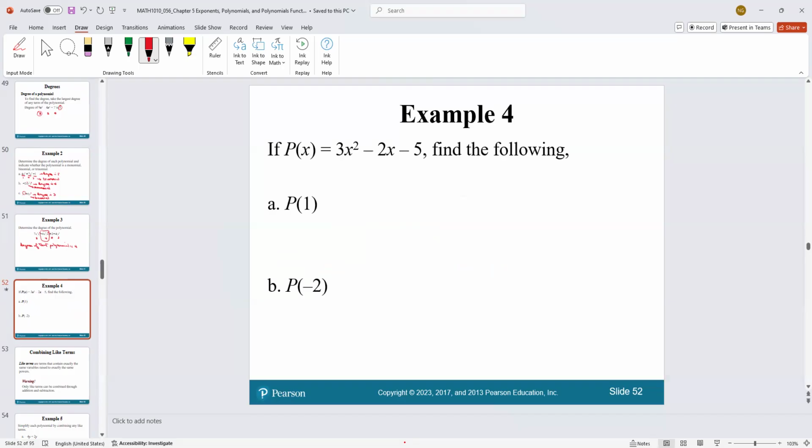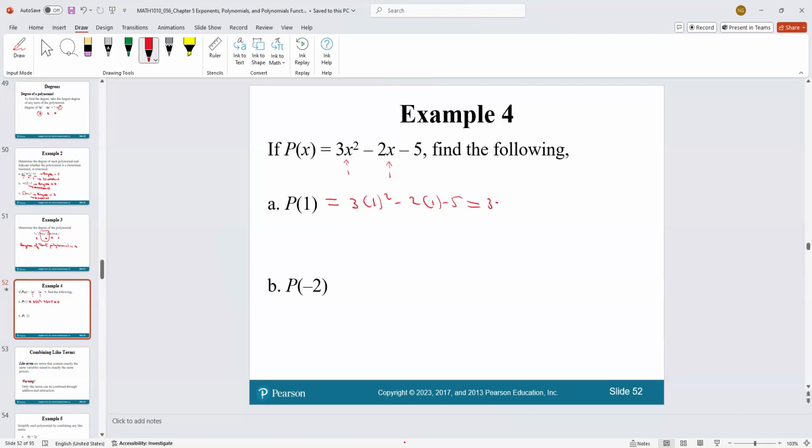That means if the function is given and x is equal to a certain value, how would you evaluate p of 2? Everywhere you see x, you replace it by 2. So we're going to have 3 times 2 squared minus 2 times 2 minus 5. You see, we don't have any x's left.